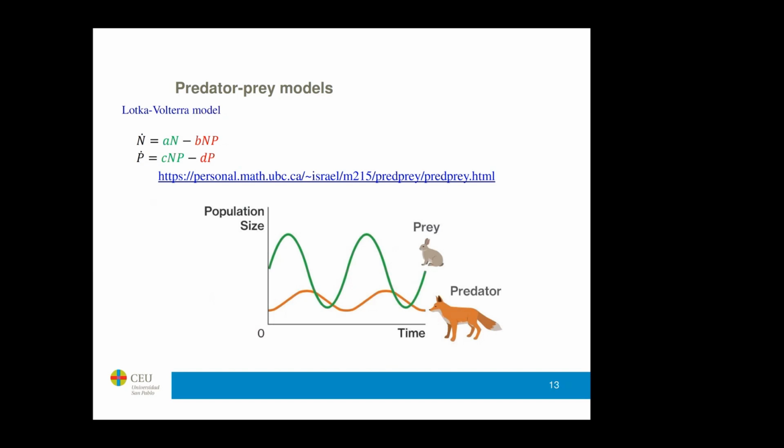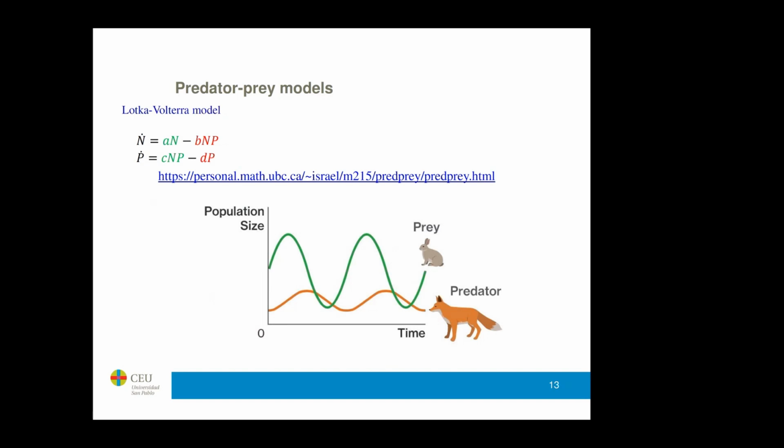So let's start here. Here you have very few predators. So if you have very few predators, then the prey can grow. But as the prey grow, there is more food, and then predators can grow too. And at some point, there are too many predators, and these too many predators start eating too much prey, so the prey will start to go down.